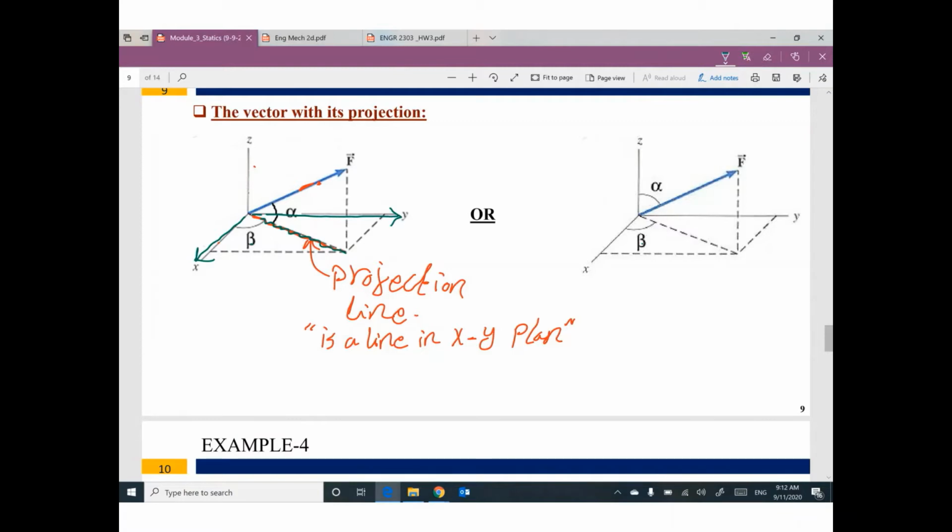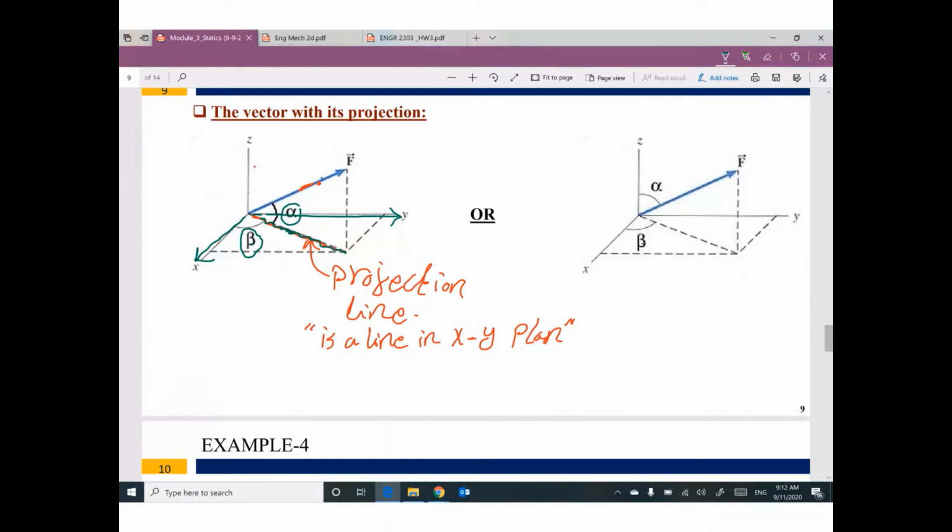And you have angle alpha between the force and this line, which called projection line. Then we have angle beta between this line, which called projection line, and x-axis. Okay?